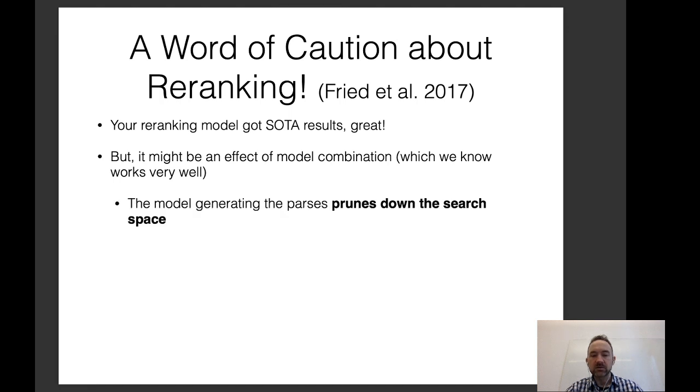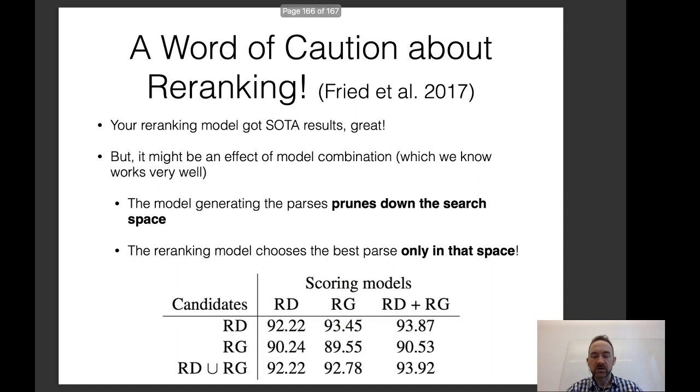The model generating the parses basically prunes down the search space, and then the ranking model chooses the best parse only in that space. There's a nice example of this in Fried et al., where they combine a discriminative parser with a generative parser, generating candidates from each of the models and then re-ranking.